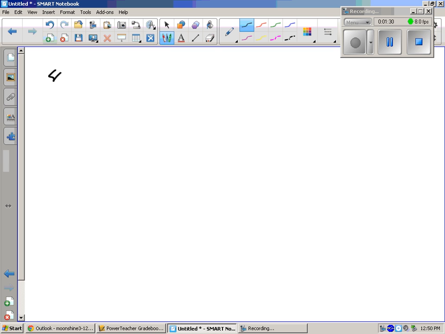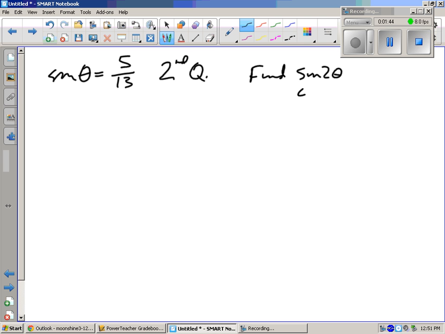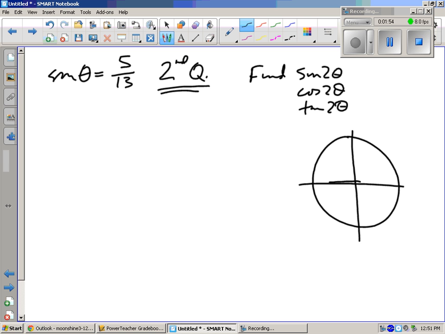Let's say that the sine of some angle theta is 5/13, and it's in the second quadrant, and I want to find sine of 2 theta, cosine of 2 theta, and tangent of 2 theta. Now remember, when I told you before, when they tell you what quadrant it is in, go right to that quadrant and draw a triangle.